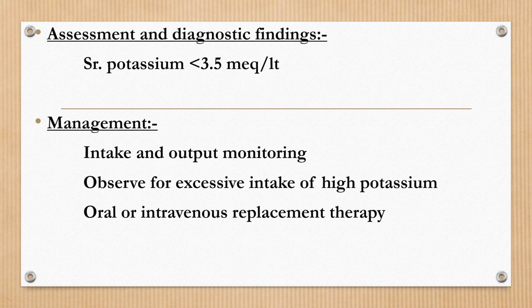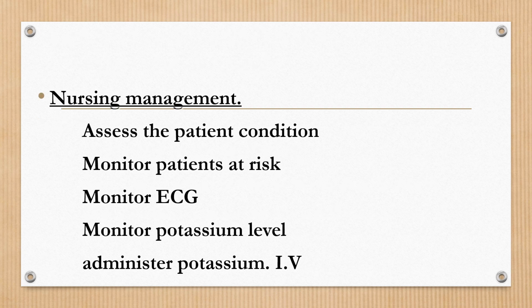Then we can manage it by intake and output monitoring, observe for excessive intake of high potassium foods, and oral or intravenous replacement therapy. That is, potassium chloride administration we can do by strict monitoring. The nursing management also assesses the patient condition, because the patient at any time may end up with complications like arrhythmia or hypotension.